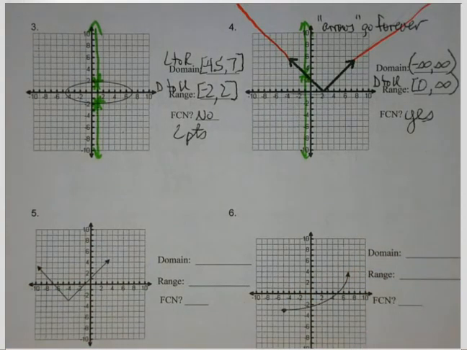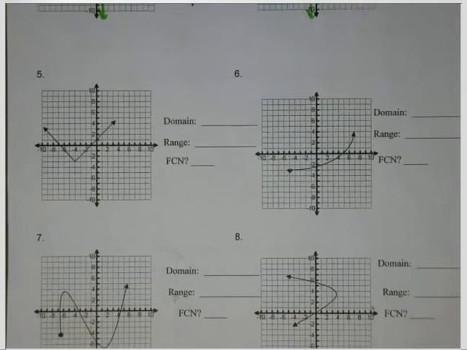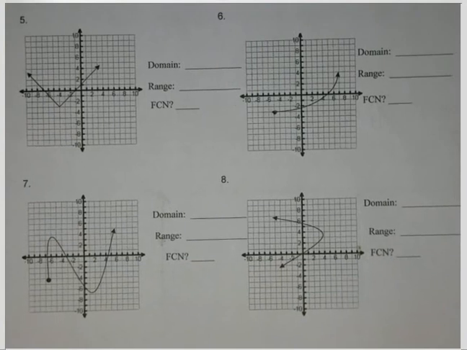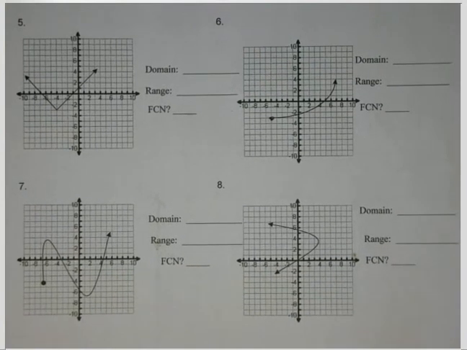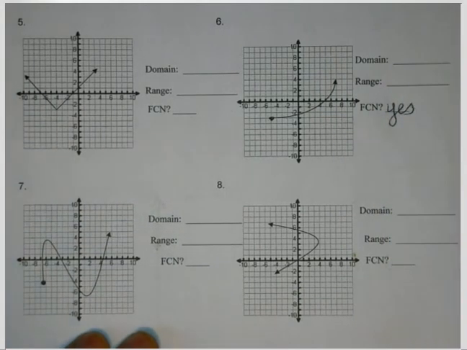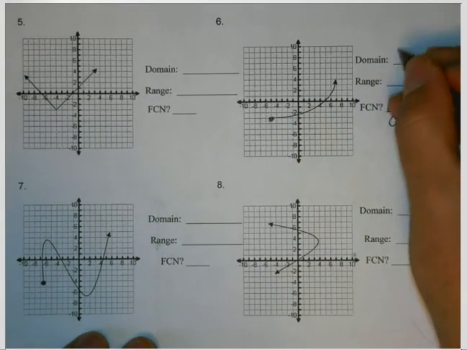Let's move our way down. We're going to skip around a little bit here. We're going to look at 6 and 8. Might squeeze 7 in here. We'll see. Okay, 6. Is it a function? Yes. I mean, you can look at this point and see it's only going to go through one place. So domain, left to right. We have an endpoint on 1 point.